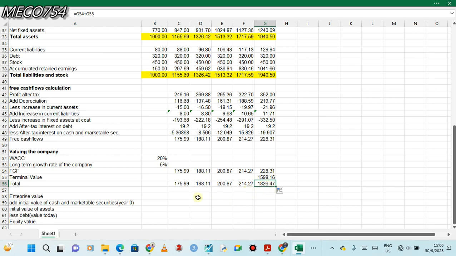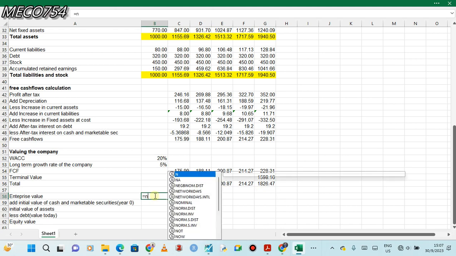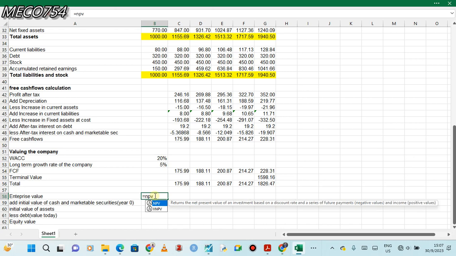So now what we want is the enterprise value. Enterprise value is the net present value of these free cash flows discounted using the WACC. So we're going to say it's equal to NPV.